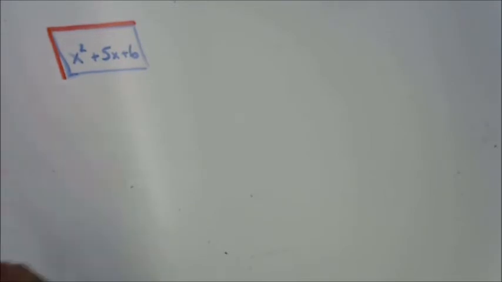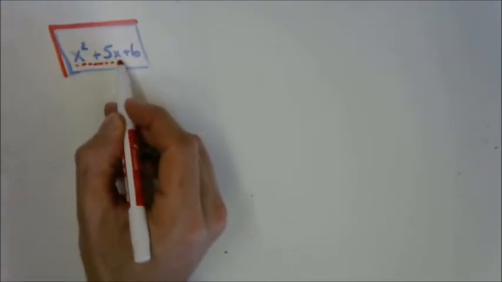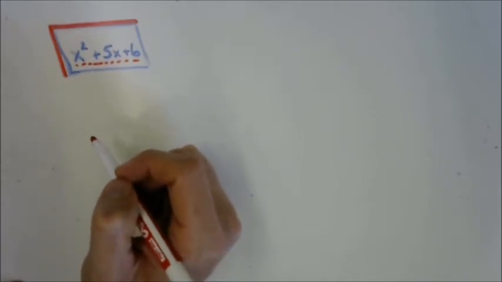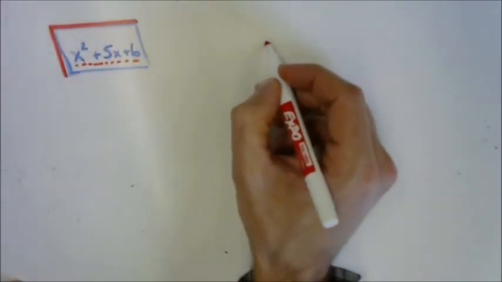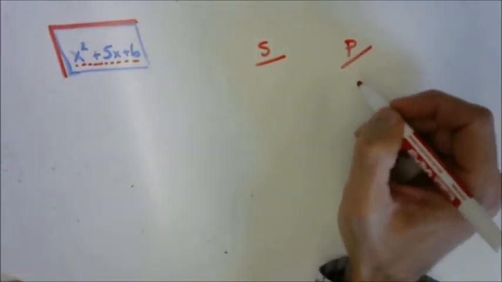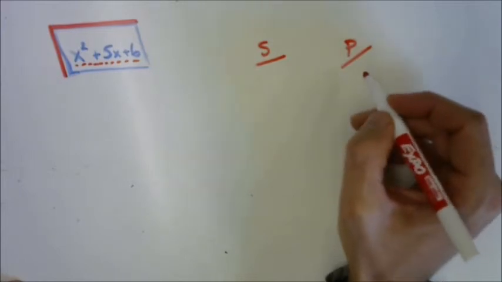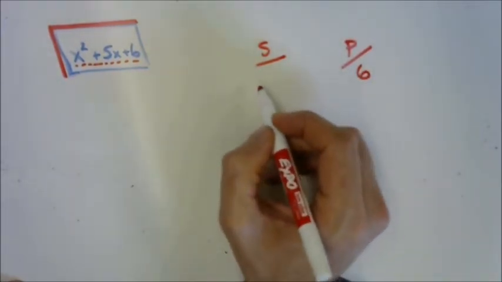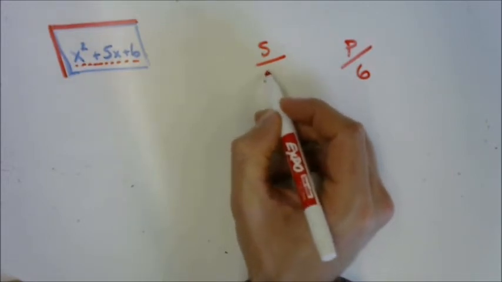So what do we need to do to this quadratic expression? We need to factor it, just like we've been doing. Sum, product. We need a product of positive 6 and we need a sum of positive 5.